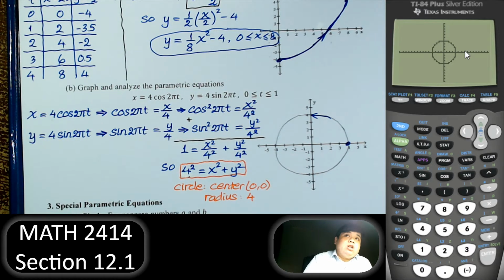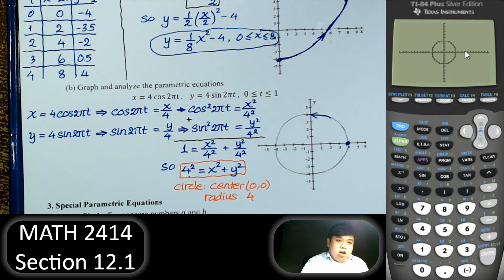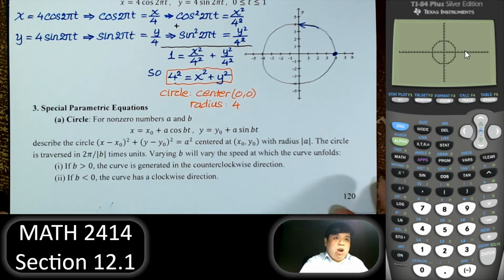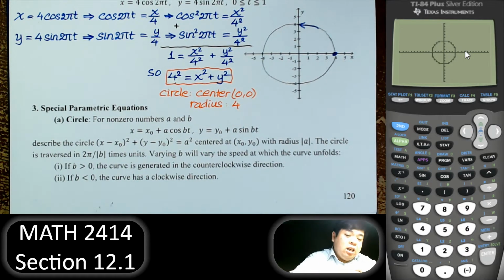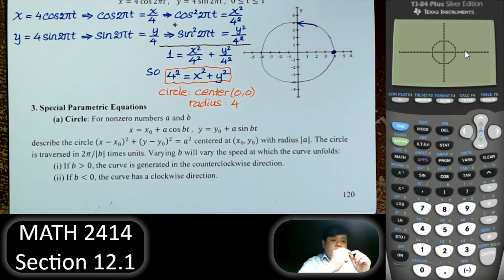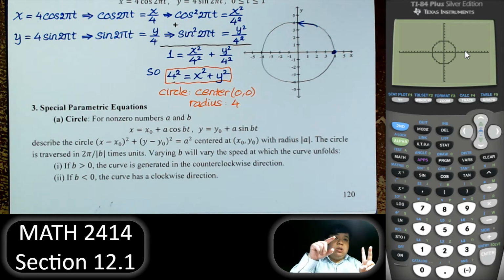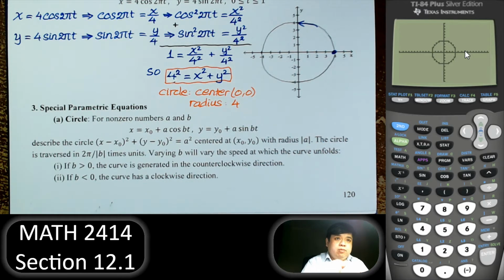Now if we focus more on the circle in particular, and in general the graph, there are a lot of factors that contribute to this. When we talk about a curve, we have to know where it starts and where it ends. Second, how fast it goes, and third, what direction it goes.